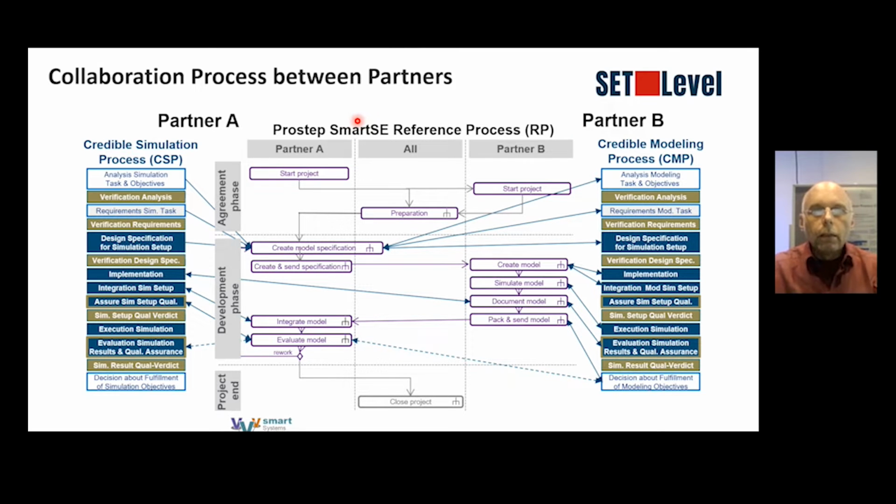In between, you see this coordination process with all the elements that are necessary so that you get the right model and can use it within your company. If you want more details, the more detailed descriptions are available on our internet pages.